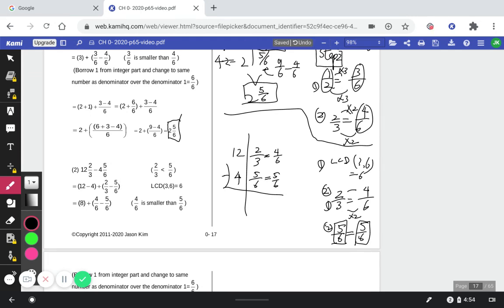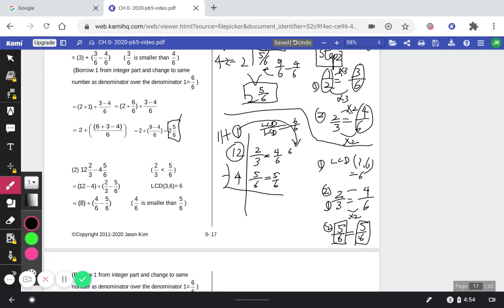You cannot take away 5/6 from 4/6 because 5/6 is bigger than 4/6. So you have to change 12 into 11 plus 1, and you're borrowing 1. But when you borrow 1, it always becomes LCD over LCD. In this case, 6 over 6 again.